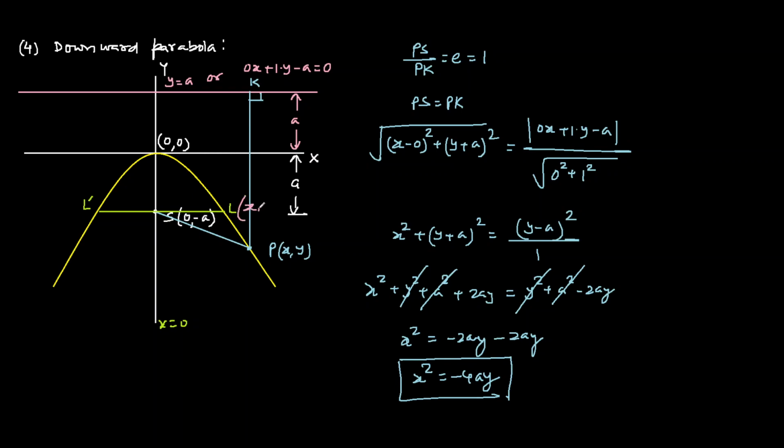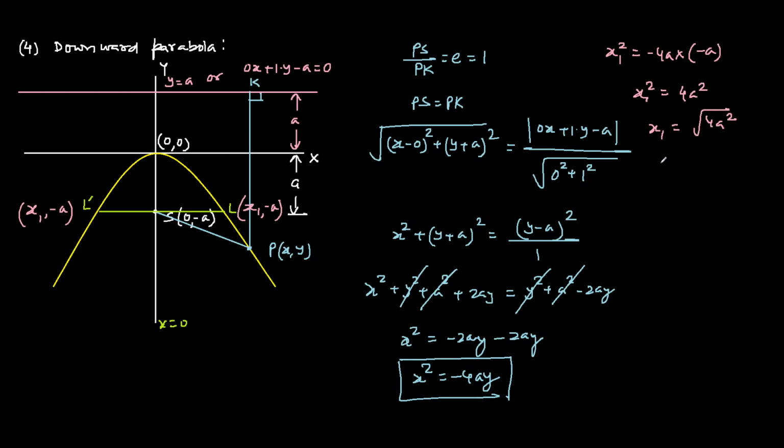So here we have L as x1 comma minus a, and L dash as minus x1 comma minus a. L and L dash points are lying on the parabola, so these 2 points will satisfy this equation of parabola. So substituting x1 comma minus a in this equation, x1 square equal to minus 4a, y equal to minus a. So x1 square is 4a square. So x1 is square root of 4a square.